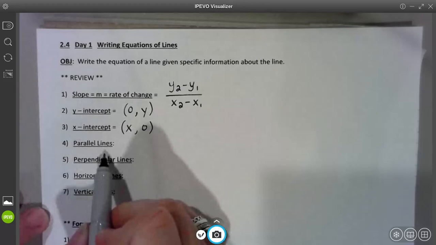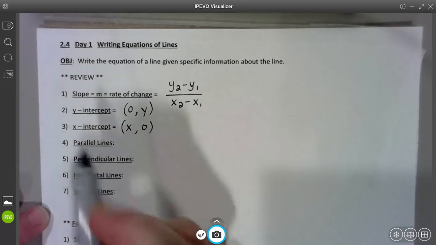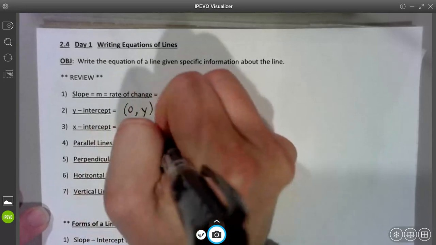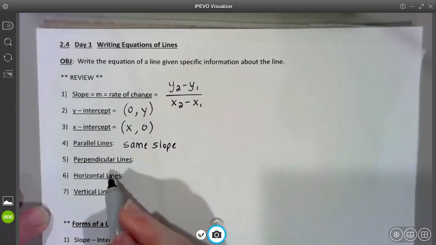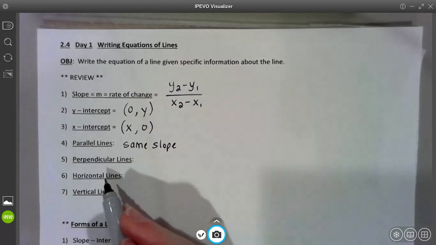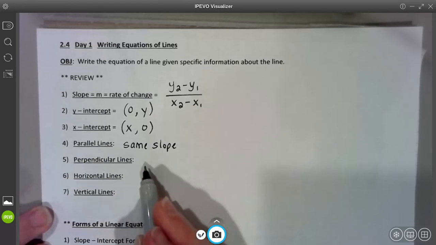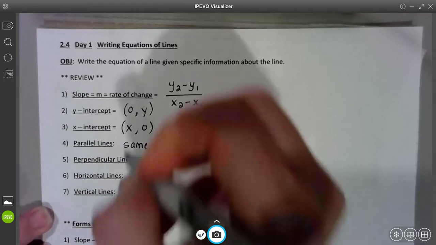All right, parallel lines. These are lines that never meet, and the reason they don't meet is because their slopes are the same. All right, perpendicular lines, these are lines that meet. They meet in a very specific way. They are lines that meet at a 90-degree angle, and the reason they meet at a 90-degree angle is because two things. Their slopes are opposite sign and reciprocal.